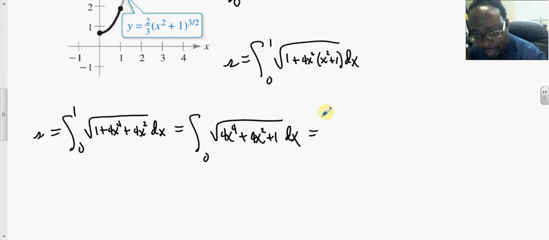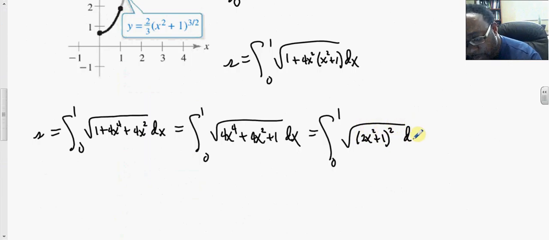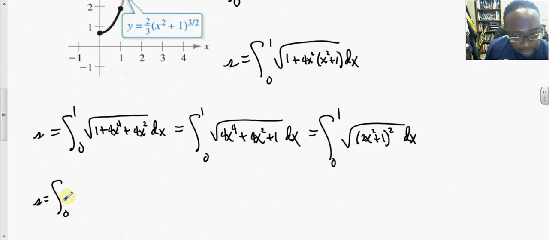We can factor that, so this is the integral of the square root of 2x squared plus 1, all squared. So here the arc length gives us the integral from 0 to 1 of 2x squared plus 1 dx.